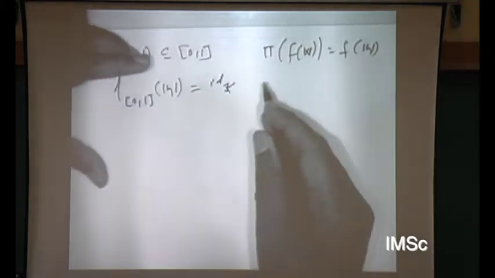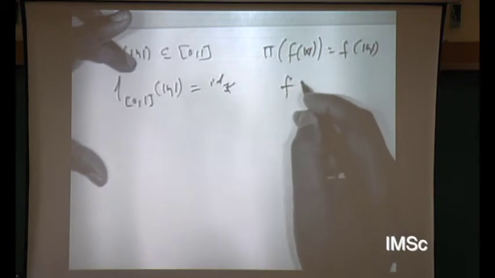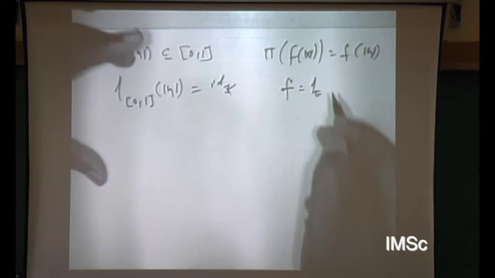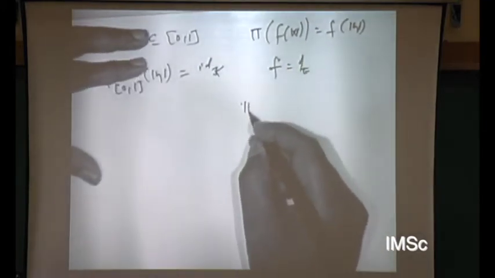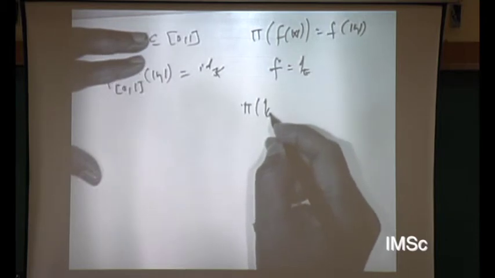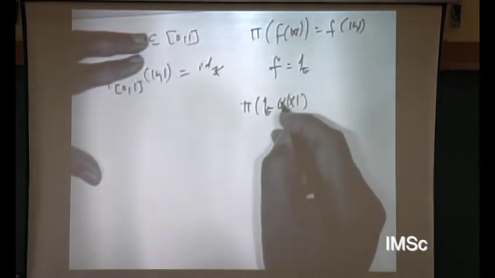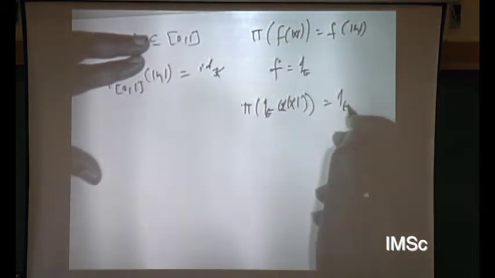So let me take f to be indicator of 0, 1. Actually any indicator E. Then this says that pi sends indicator E of mod x to indicator E of mod y.